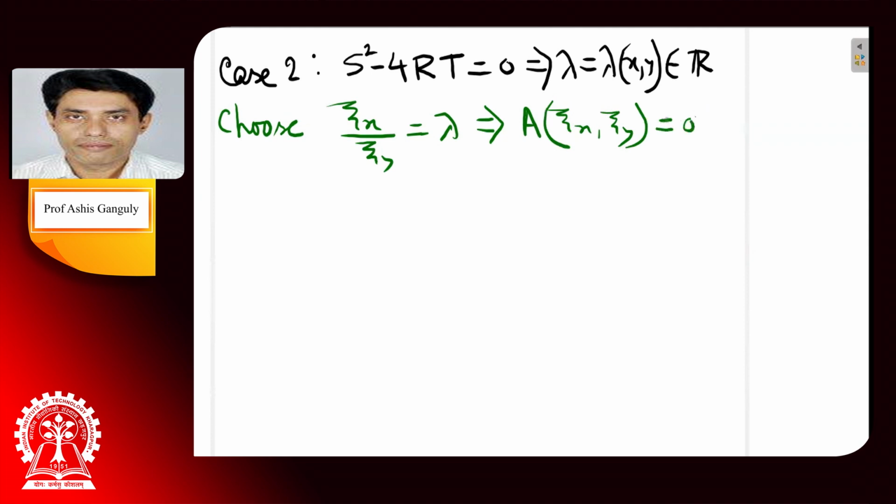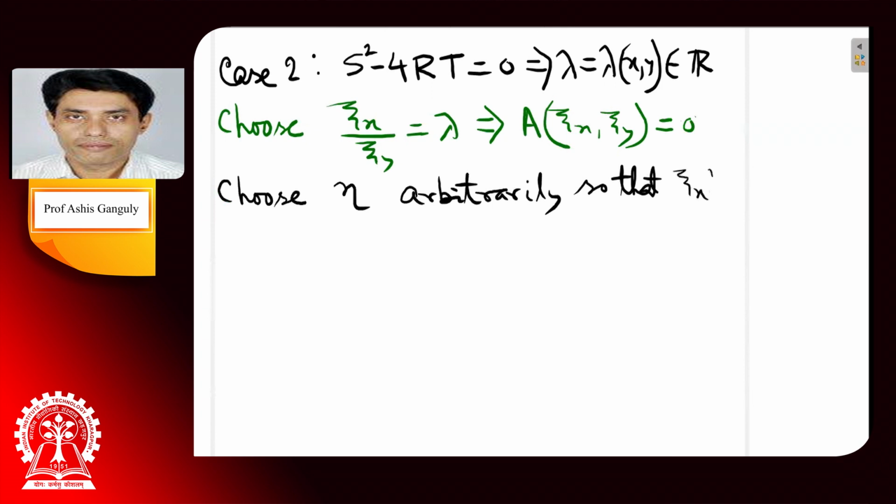Now, remember, you have to choose eta, the other transformation, arbitrary, so that xi and eta are functionally independent. So xi_x eta_y minus xi_y eta_x is not equal to 0.